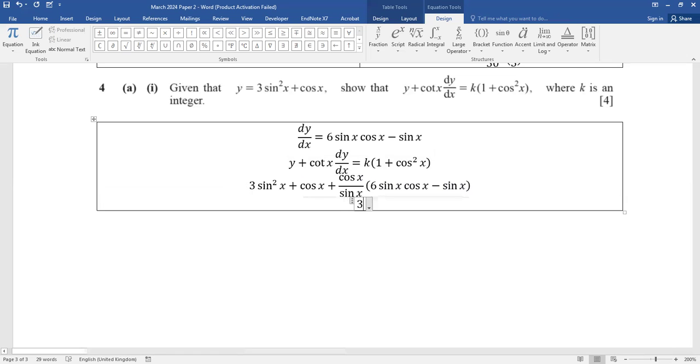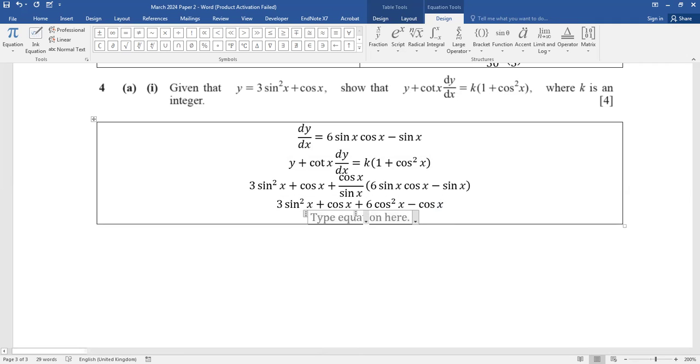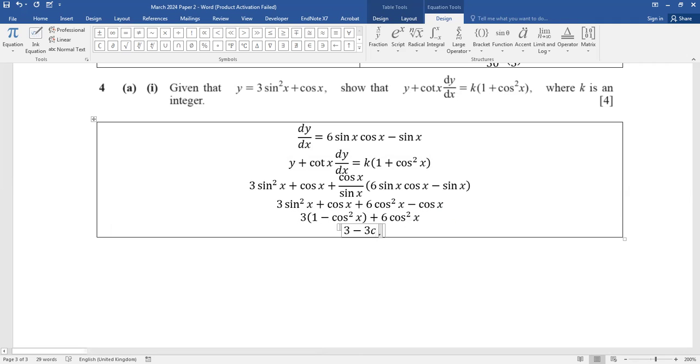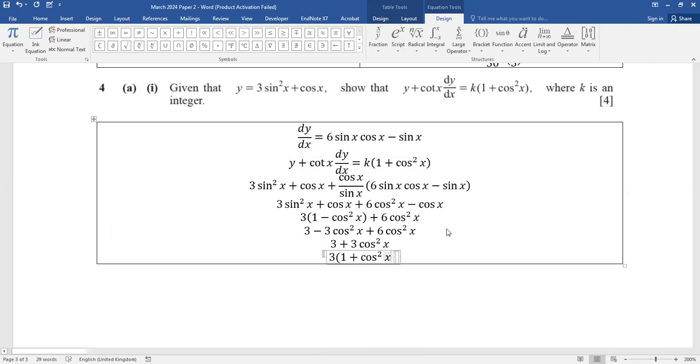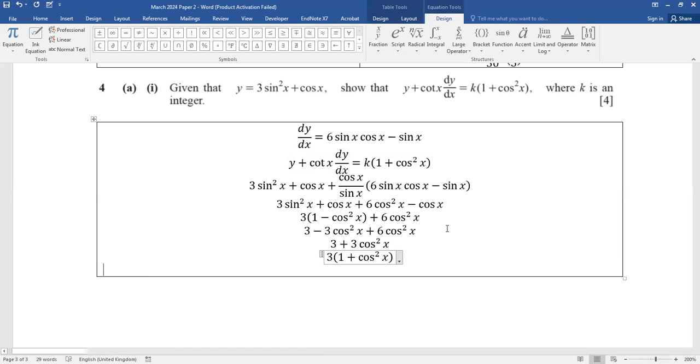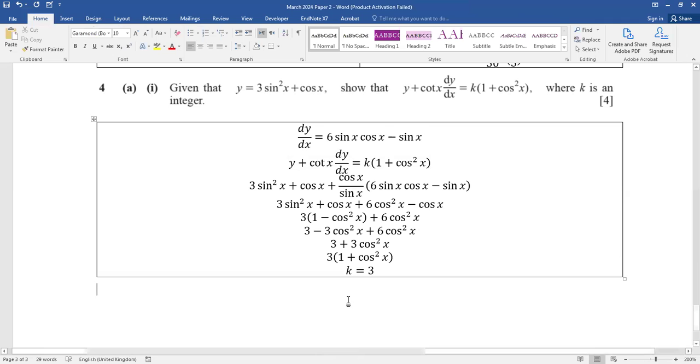So we'll get 3 sine square x plus cos x plus 6 cos square x minus cos x. Cos x and cos x cancel out. In place of sine square x, we can substitute 1 minus cos square x, and we'll end up getting 3 minus 3 cos square x plus 6 cos square x. So 3 plus 3 cos square x, 3 common, 1 plus cos square x. So the value of k is 3; the question does not ask for it, but this is what we should end up with.